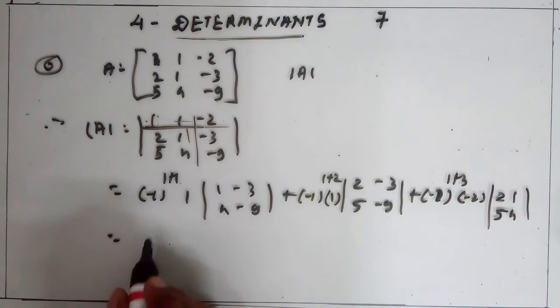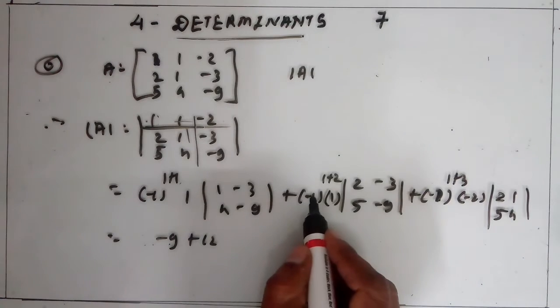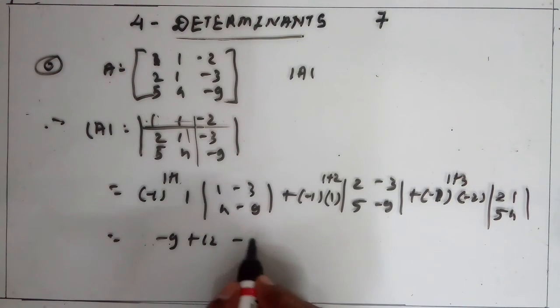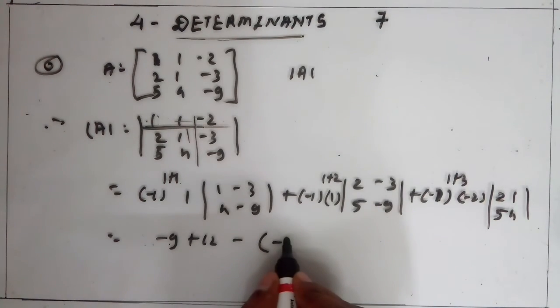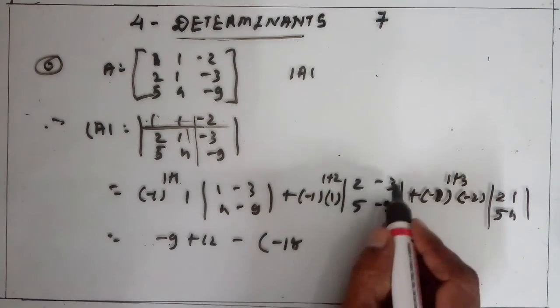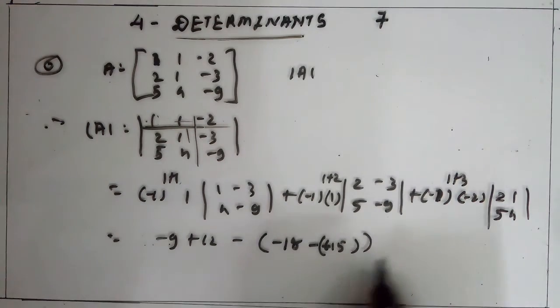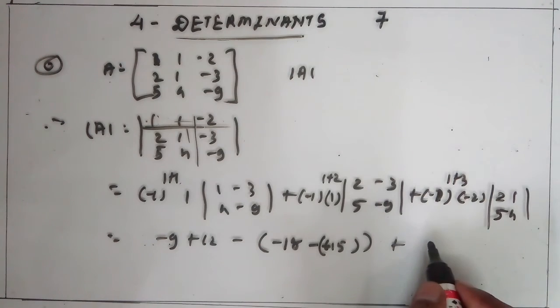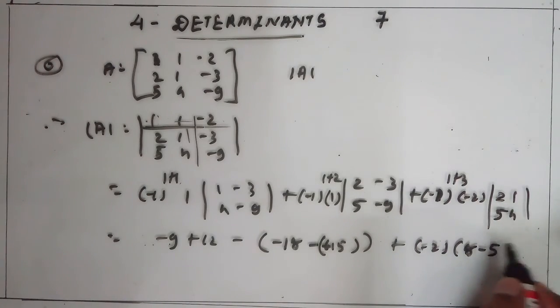Now get the value of each term. Minus 1 raised to 2 becomes plus, product of these two is minus 9, minus the product of these two, which becomes 12. Here minus 1 raised to 3 becomes minus 1, into the product of these two, which becomes minus 18, minus the product of these two, which becomes 15. Plus minus 1 raised to 4 becomes plus, into minus 2, the product of these two becomes 8, minus the product of these two, which becomes 5.